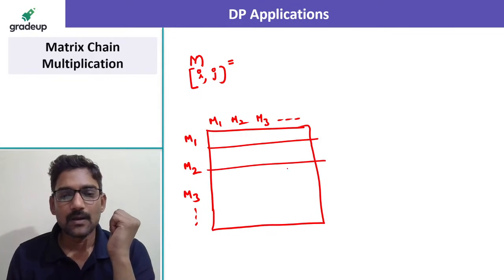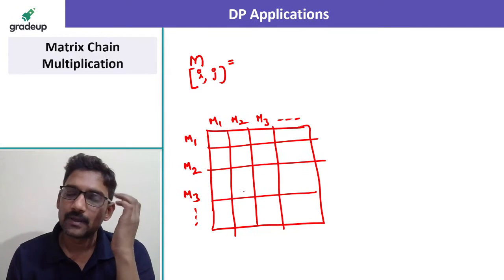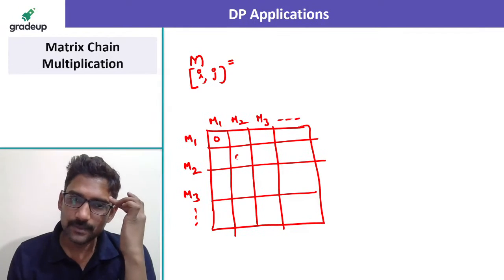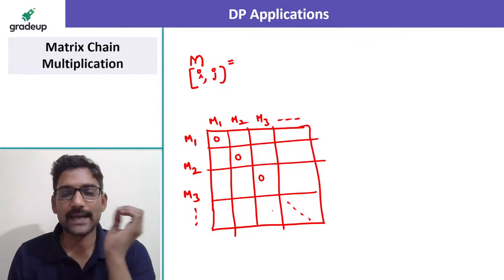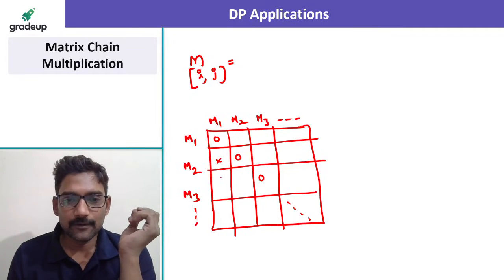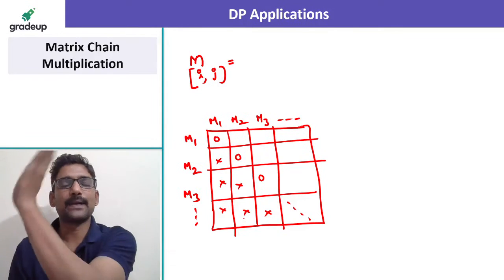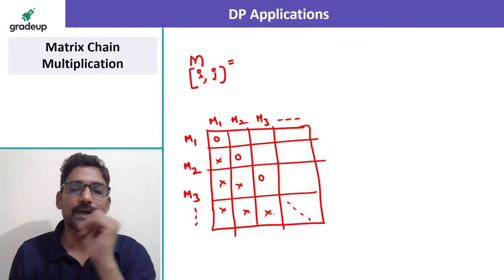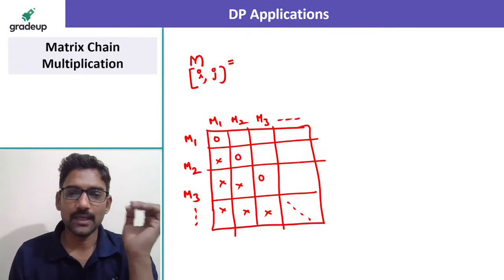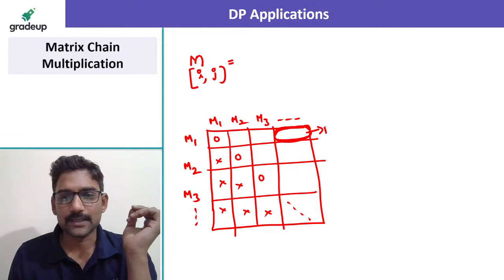To fill this table, all the diagonal elements will be zeros. The forward diagonal will be 0, and you need not fill the bottom part. Only the upper diagonal elements you are supposed to fill. And the final result will be here.